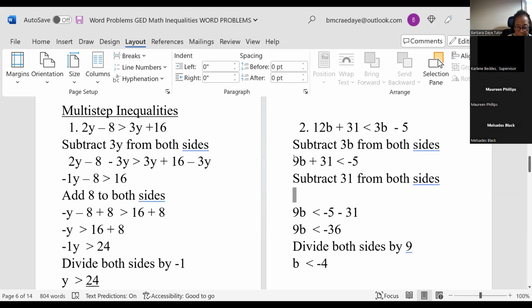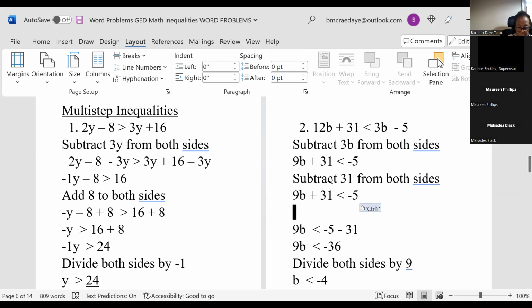I'll copy this and put exactly what we did. So what Maureen did, she subtracted 31 here, and 31 here, right? So minus 5 minus 31.